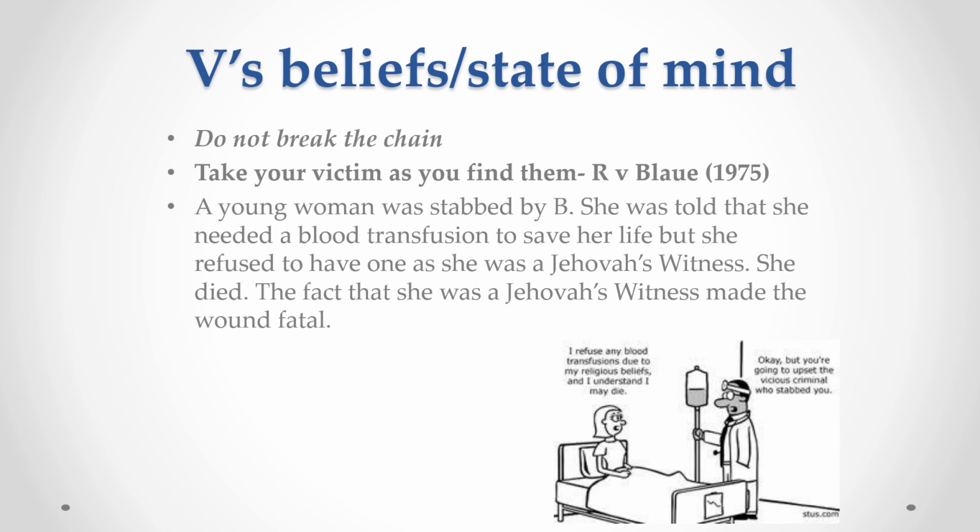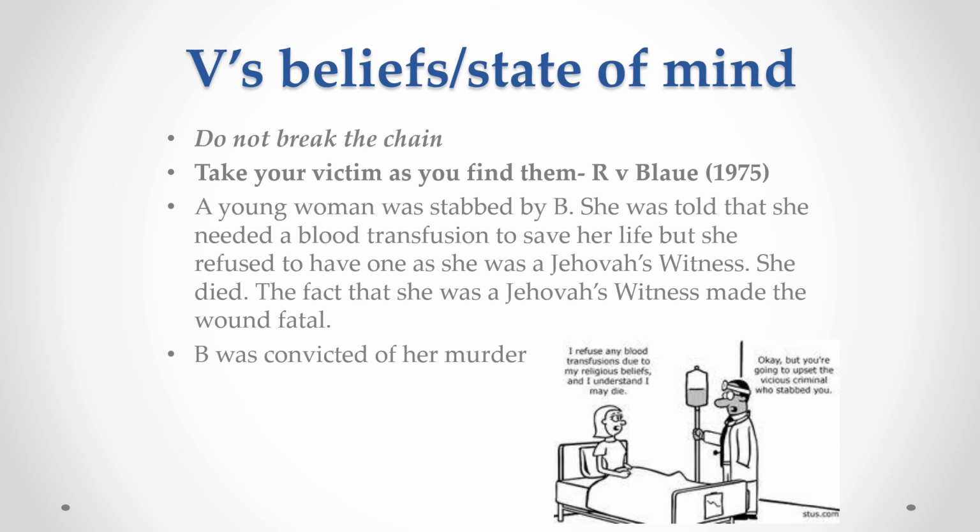So the famous case here involved Blaue, who stabbed a young lady. She needed a blood transfusion to save her life, but she refused one due to her religious belief as a Jehovah's Witness. So she ended up dying, and that, of course, caused her death. Blaue tried to argue that her actions had broken the chain, but he was still convicted of her murder.